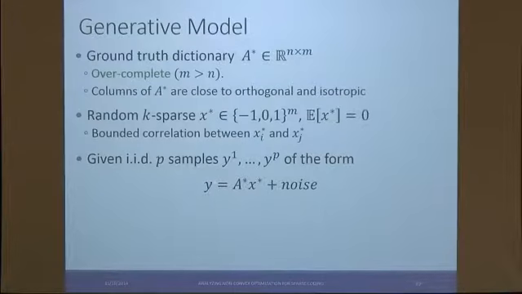And the noise is not too large. I won't talk about how to deal with the noise, because even without the noise, this is a hard problem. We can tolerate a certain amount of noise. I omit the superscript here. Technically, y superscript j equals A star times X star superscript j for the j-th sample.